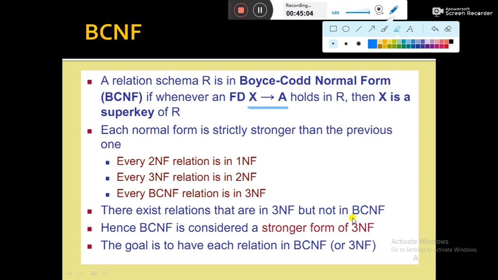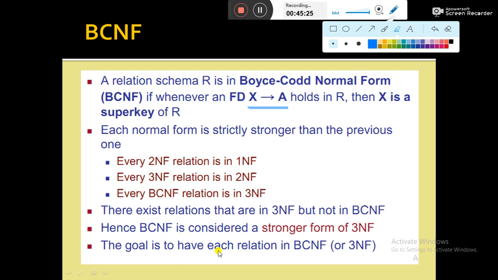But the reverse is not true. That means if a relation R is in BCNF, it must be in 3NF. So we can conclude that BCNF is considered a stronger form of 3NF.